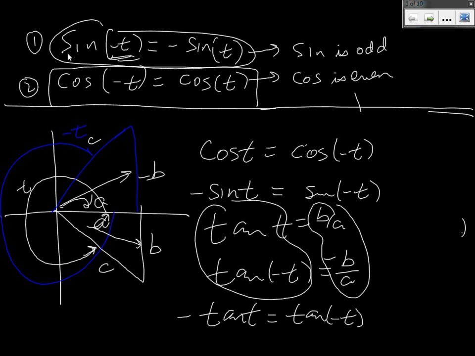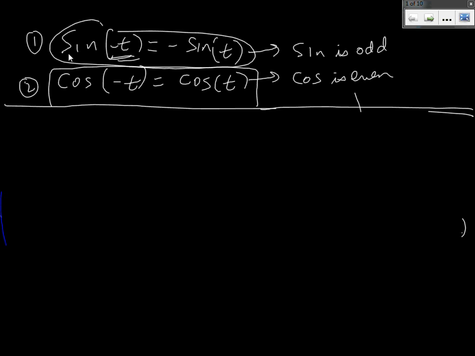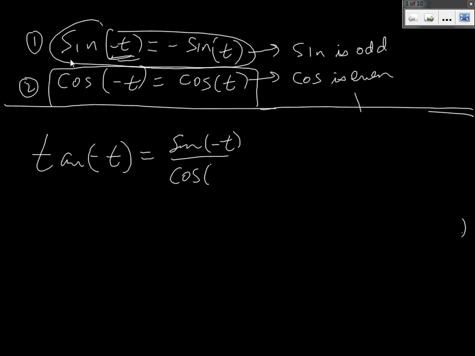But again, we didn't do that. I did it for this triangle, but there's a quicker way of doing it in my opinion. We're supposed to know that the tangent of negative t is equal to the sine of that angle, which is negative t, divided by the cosine of the angle. Well, for the denominator, we get cosine of t.